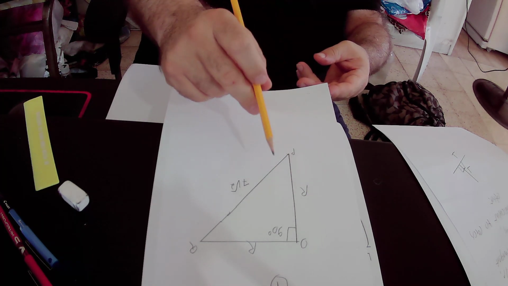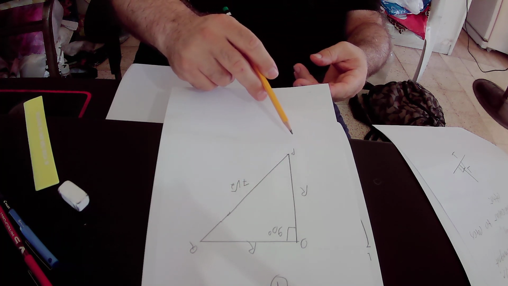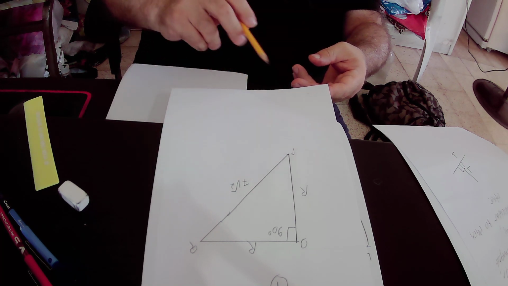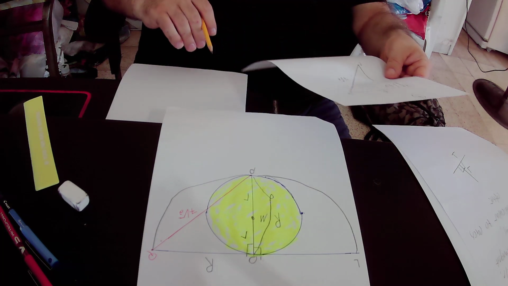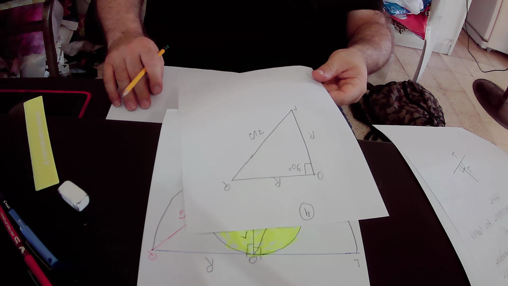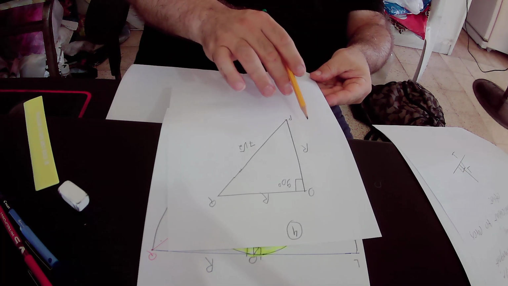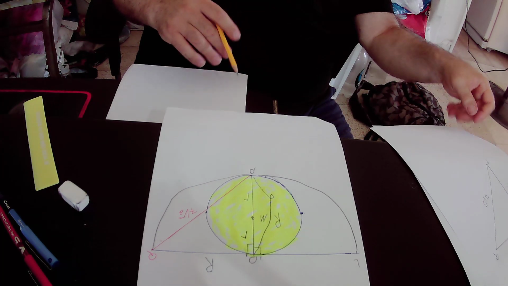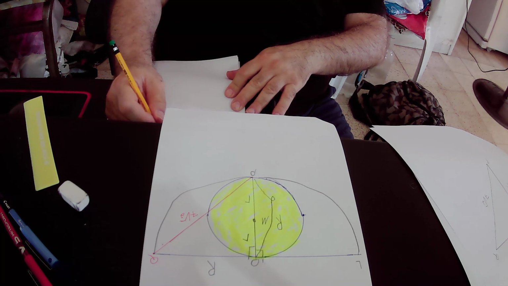PO equals capital R, OQ also equals capital R, and the hypotenuse of this right triangle equals 7 times root 2. So as you can see here, we can apply the Pythagorean theorem in order to find the value of capital R. So I will write the Pythagorean theorem.